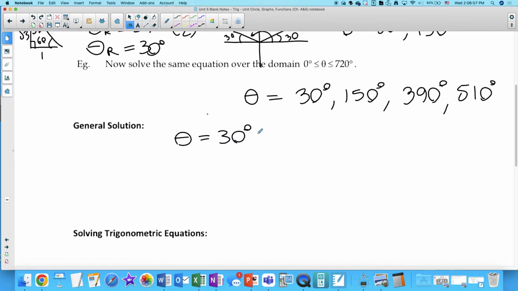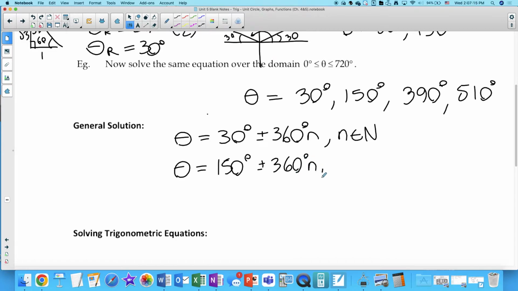So 30 degrees plus or minus 360 degrees times n, where n is an element of the natural numbers. And then the other one is all angles that are coterminal to 150. Now, if this was in radians, you would just change the 360 to 2 pi. That's the only difference.